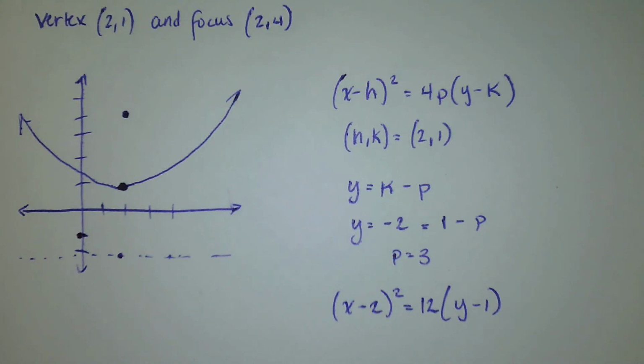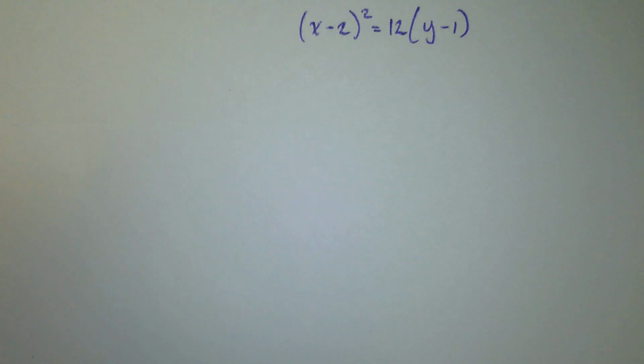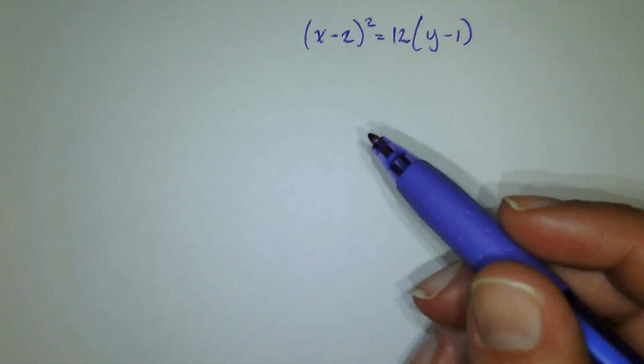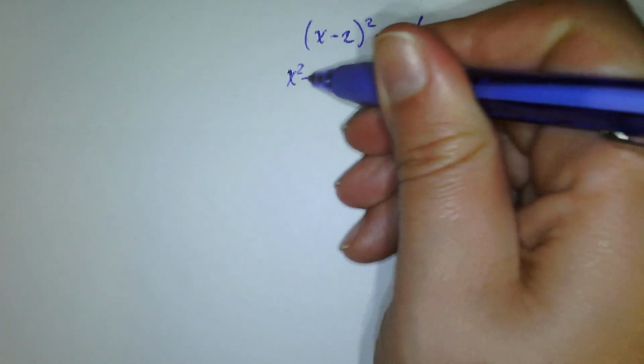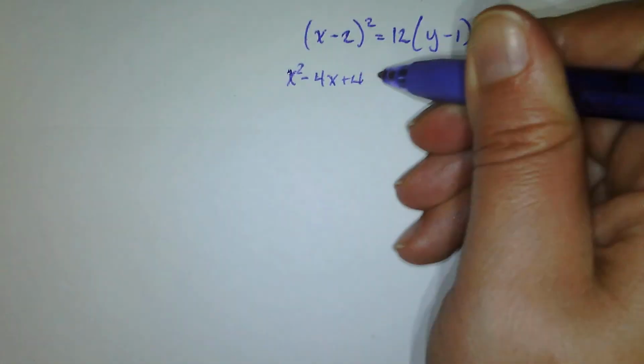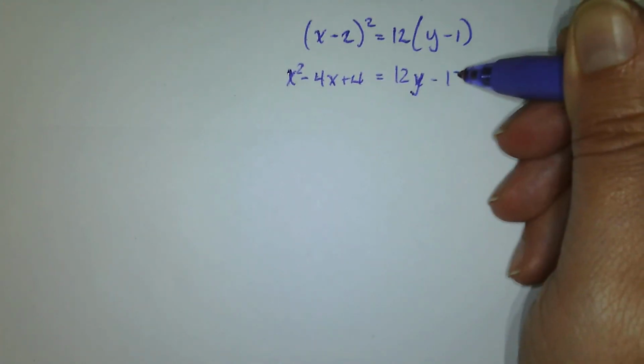Even though we were not asked, we could put this into our normal quadratic form if we would like to. We would square this out. So x squared minus 4x plus 4 equals 12y minus 12.